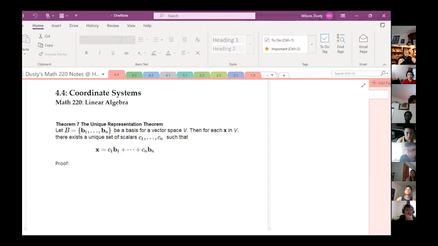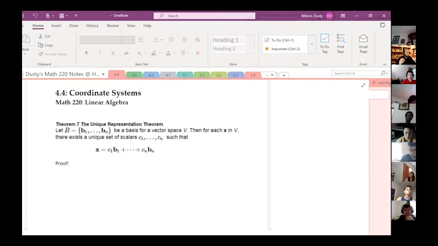The other application I want to point out of coordinate systems is I think something you do in differential equations. I don't remember the name of it, but in differential equations, sometimes you'll end up in places where you'll be like, oh, this first term is going to be an e to the t, and the next one's going to be a t e to the t, and the next one's going to be a t squared e to the t, something like that. Does that sound familiar for those of you that are in DiffyQ?